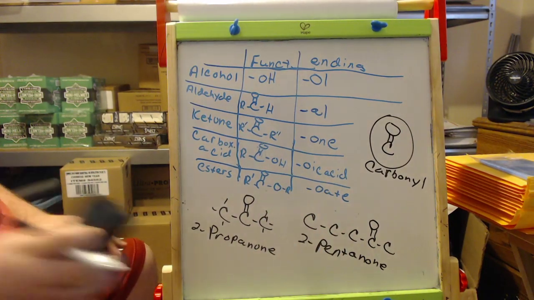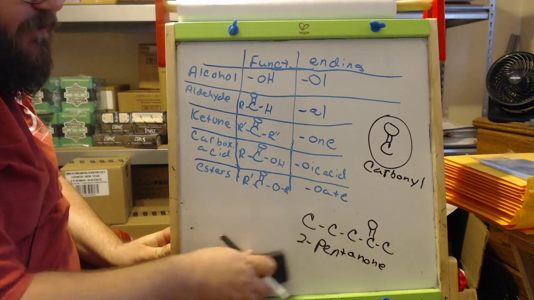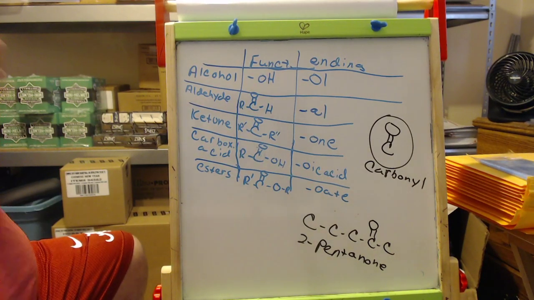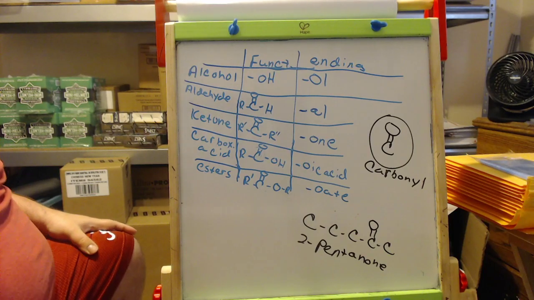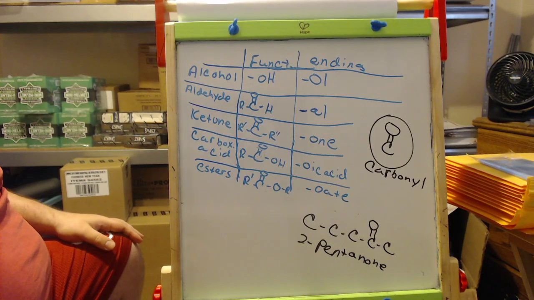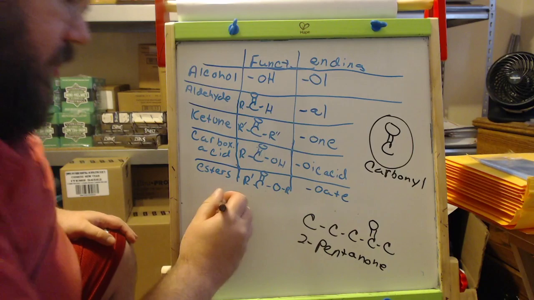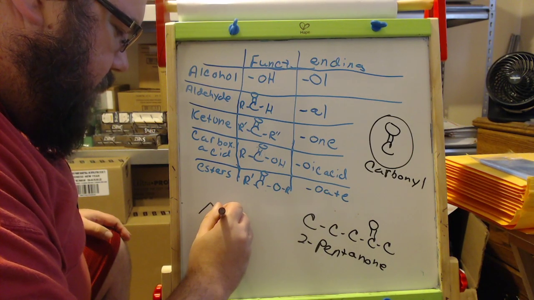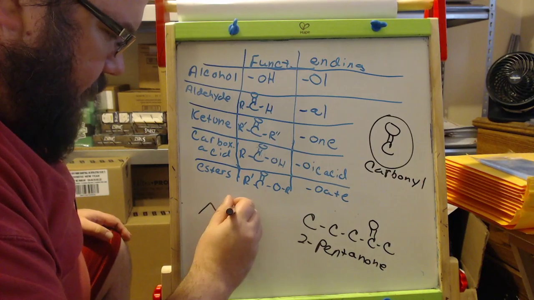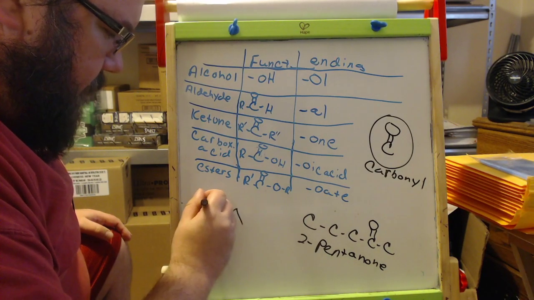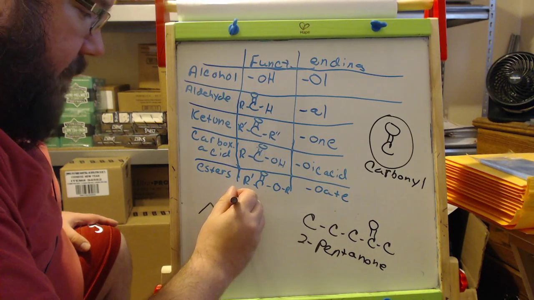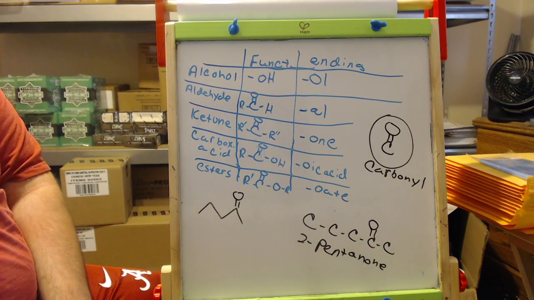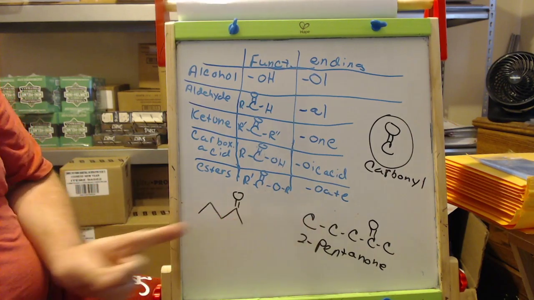And just to show you how it looks as a line structure, let's do 5 carbons: 1, 2, 3, 4, 5. And off the second carbon, there's a double bonded O. It would look like that as the skeletal structure.